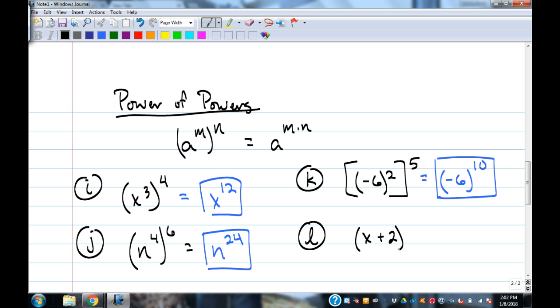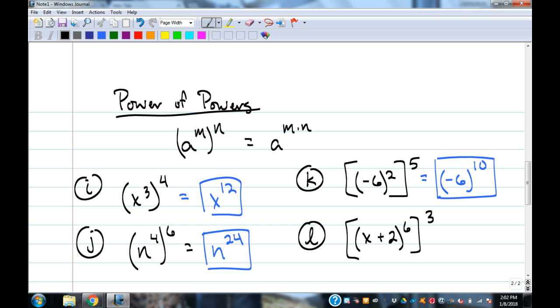This is where that concept of what's the base is important. What's the base in this problem? Why x plus 2 and not just x? Because it's in parentheses.